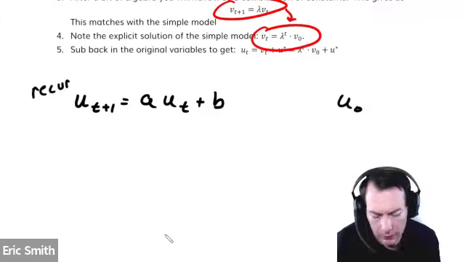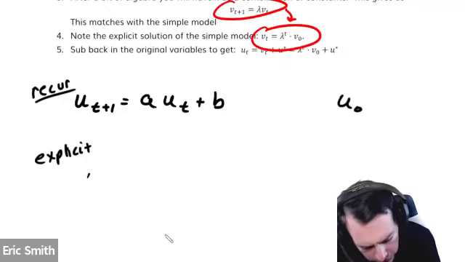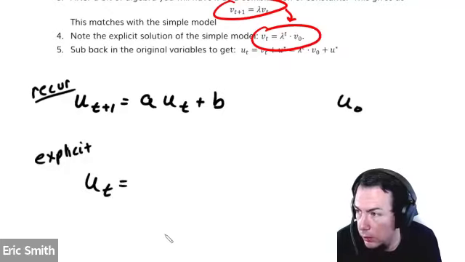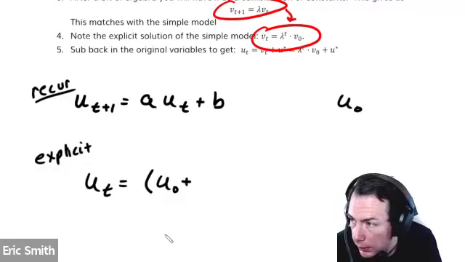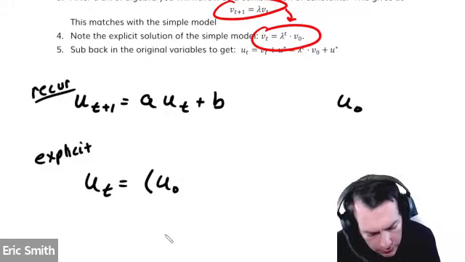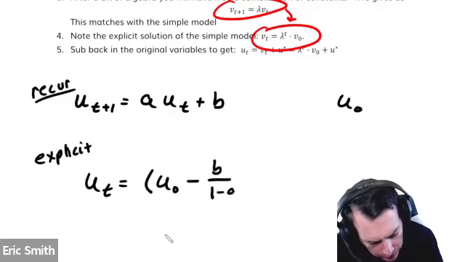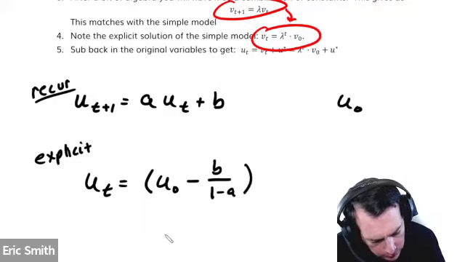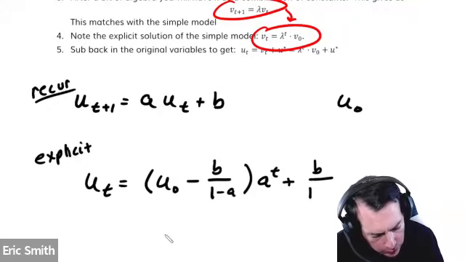And now we want the explicit. So this would be u of t is equal to, we have u sub 0 minus b all divided by 1 minus a, to the t, plus b over 1 minus a.